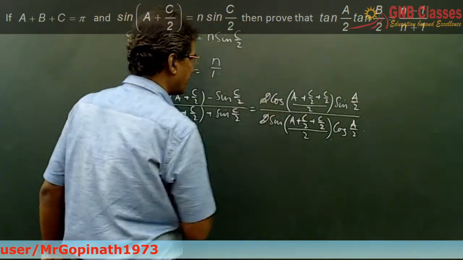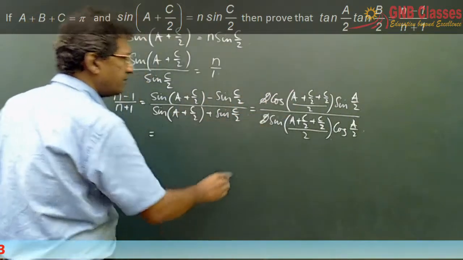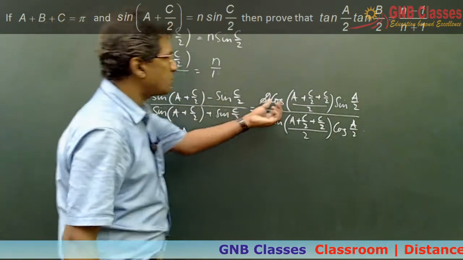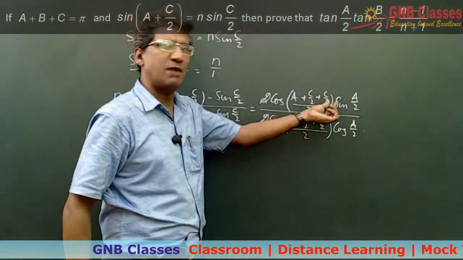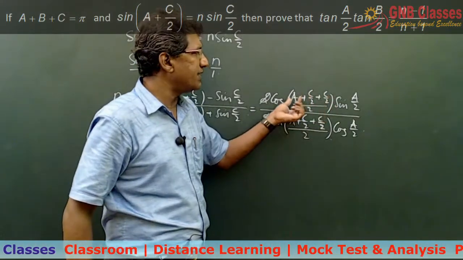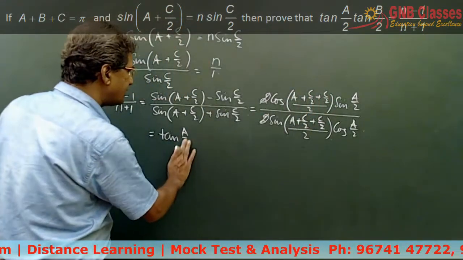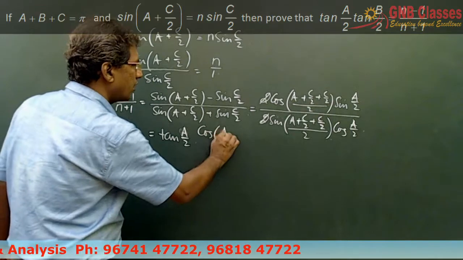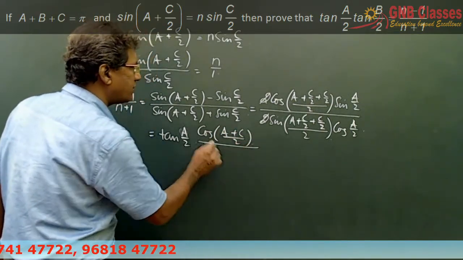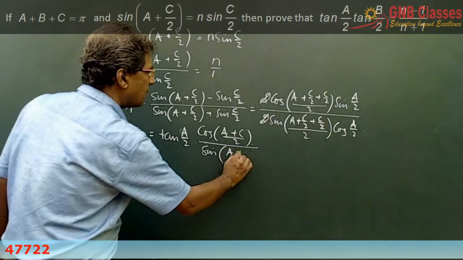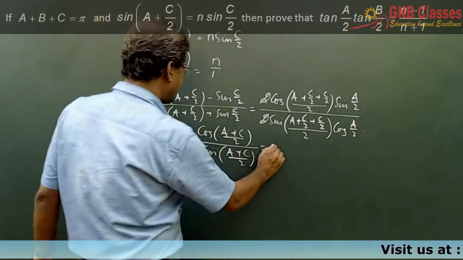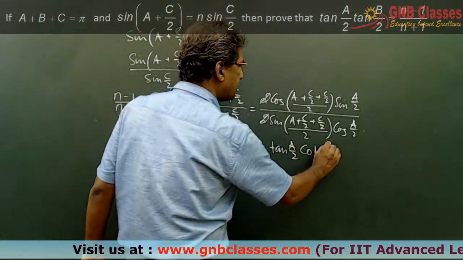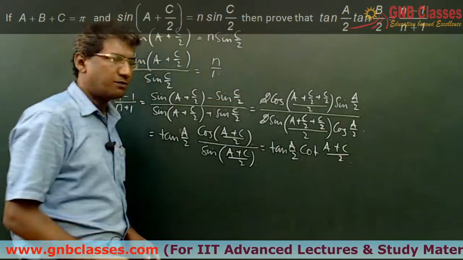So in the right hand side, we are getting tan(a by 2). And for this one, c by 2 plus c by 2 will give you c, so it is a plus c by 2. I'm sorry, this is a by 2. This one is cos((a plus c) by 2), and in the denominator, we are getting sin((a plus c) by 2). Is it clear? So we are getting basically tan(a by 2) cot((a plus c) by 2). Is it clear?